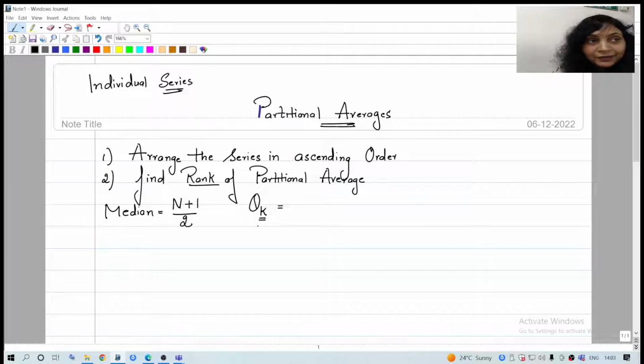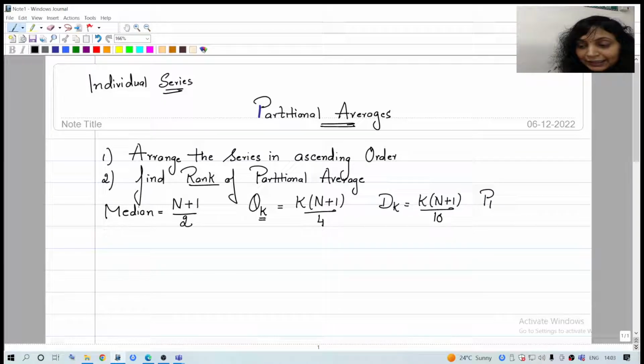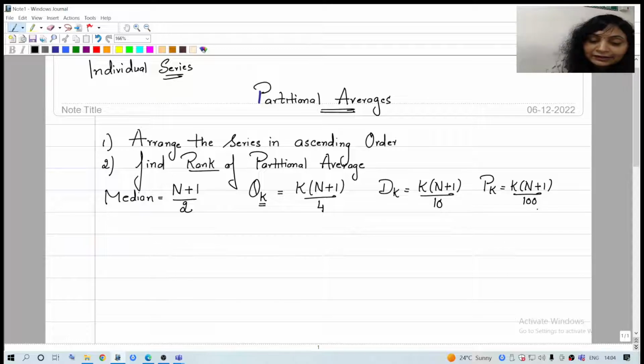So the rank of quartile is equal to k(n plus 1) by 4. Similarly, the rank of decile is k(n plus 1) by 10. And for percentile, it's k(n plus 1) by 100. So this is the formula for finding the rank. So first we find the rank.